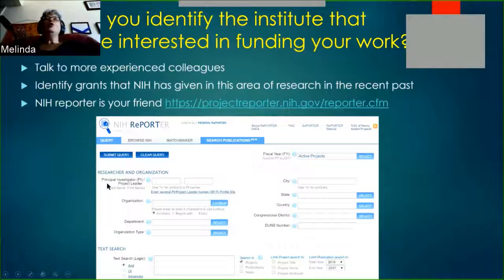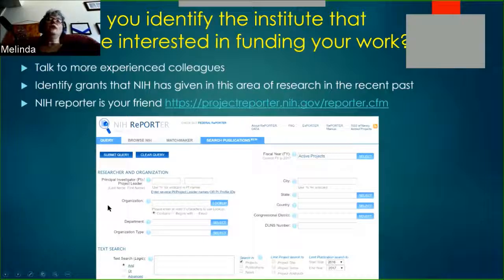So let's say you know that a certain person in your field is doing NIH-funded research. You can find a whole lot out about them by putting in the information about the principal investigator. You can search by all of the grants in an organization, or all the grants in a particular department in an organization.